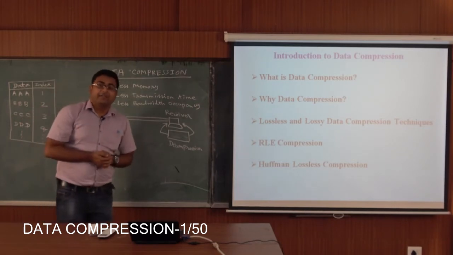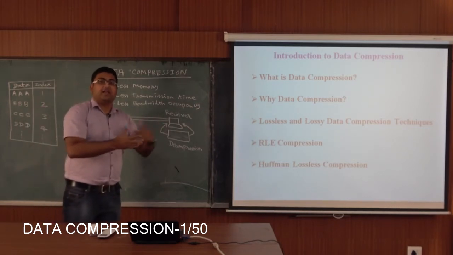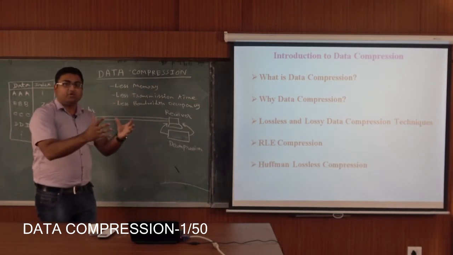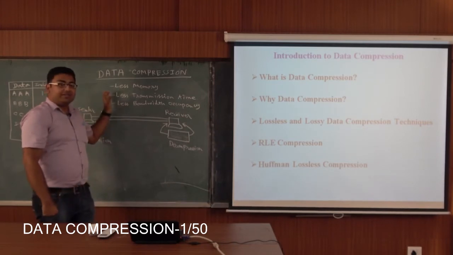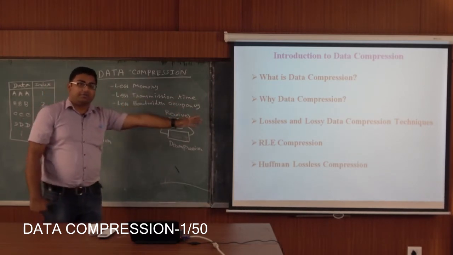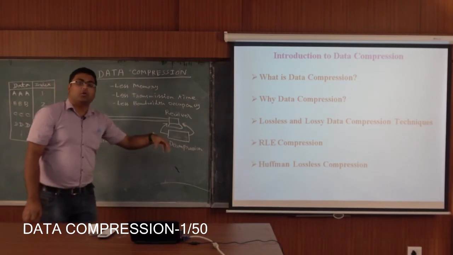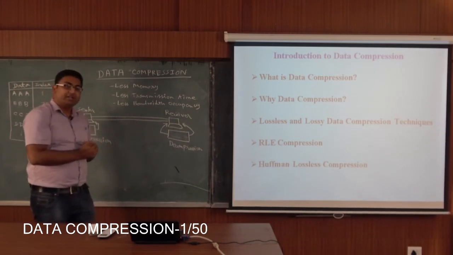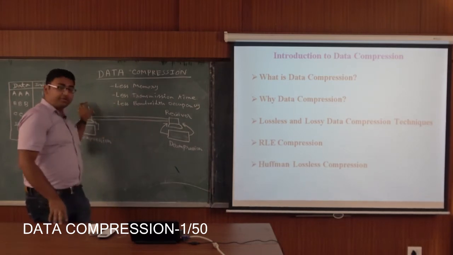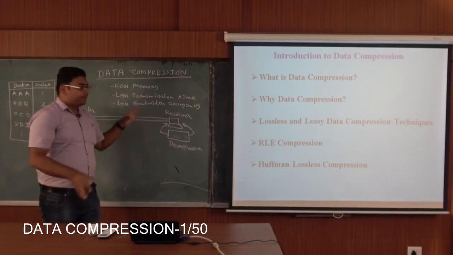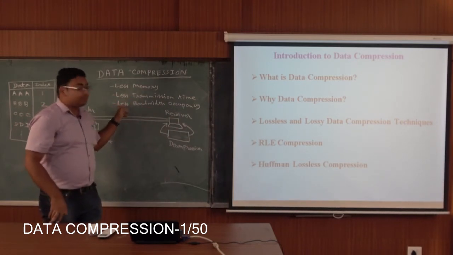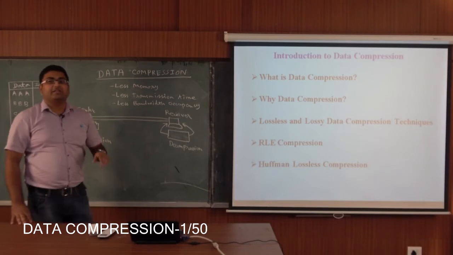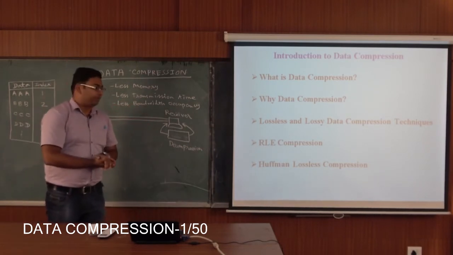As in the example I gave of natural gas, the cooking gas, we can compress the volume of the gas and easily transmit it from nature to our individual homes. Similarly, if we compress the size of the digital data which we transmit from one part of the network to another, we also get an advantage in terms of network bandwidth. It will occupy less network bandwidth, just like the natural gas volume compression.